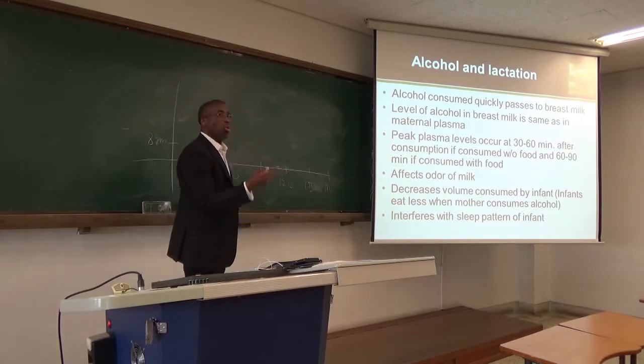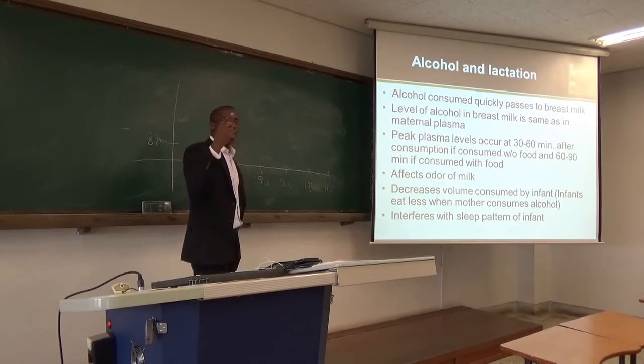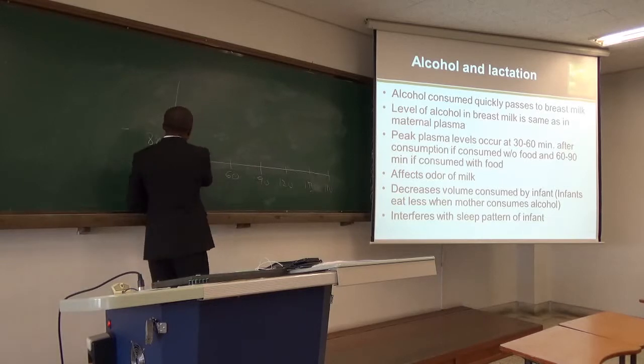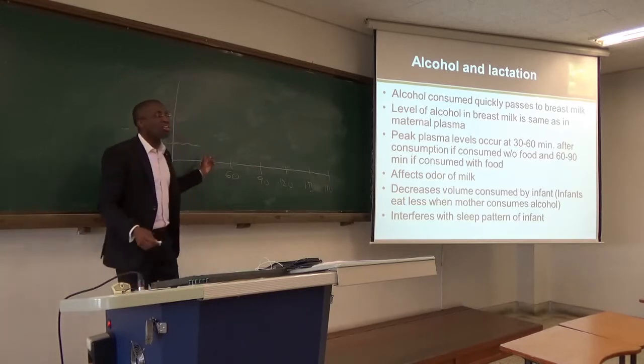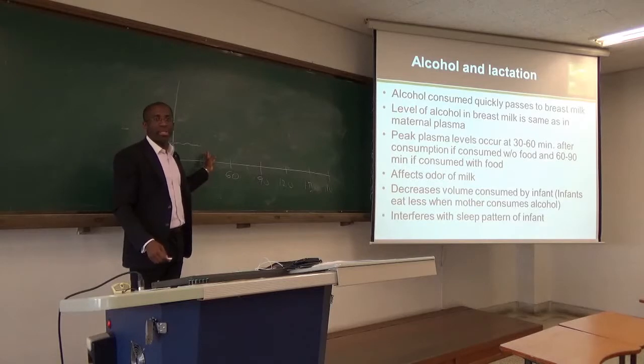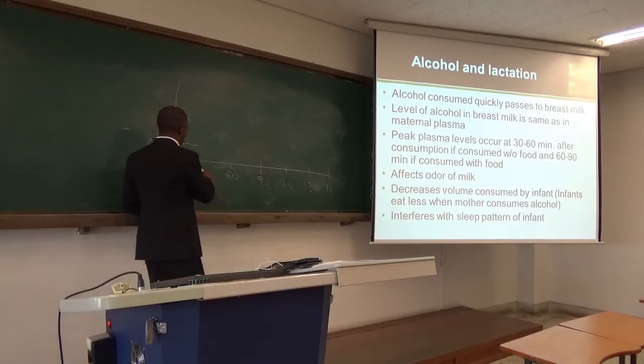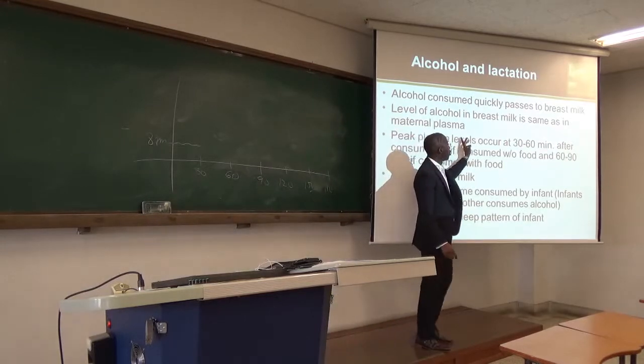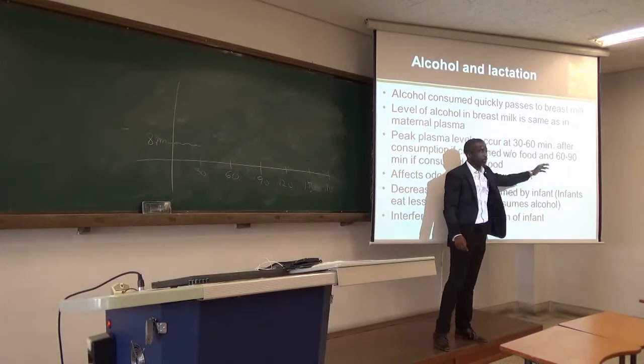Alright? So what is happening here? You take your first drink at 8 p.m. Okay? So you don't feel the alcohol is not very high yet. But then, what did I put here? Peak plasma level occurs at 30 to 60 minutes.